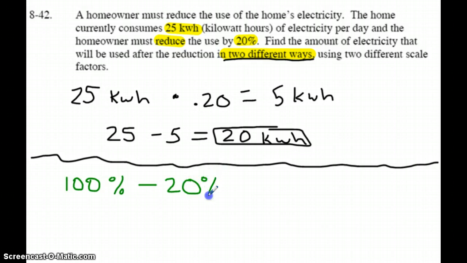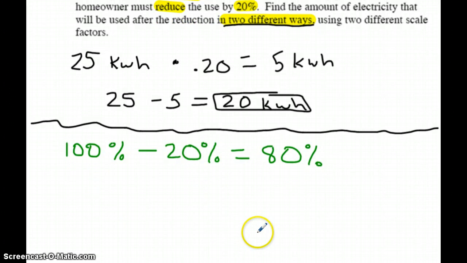Well, 100% minus 20% would give us 80%, obviously. Like we were talking about yesterday with sales and things like that, 20% off would be the same thing as 80% of. And so I prefer to do it this way.